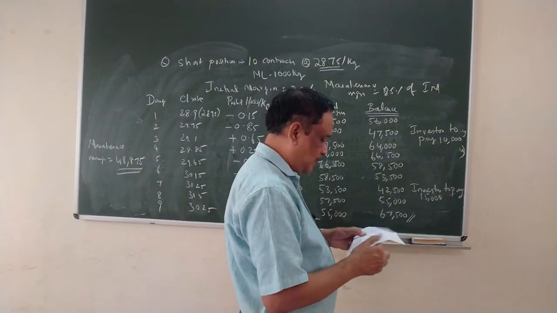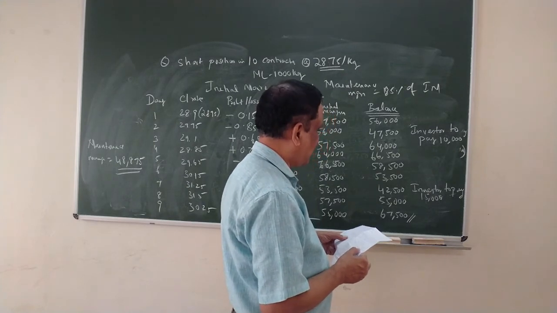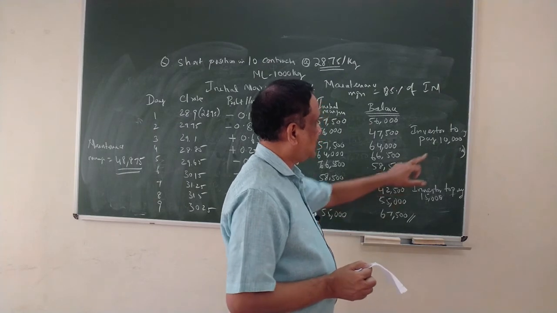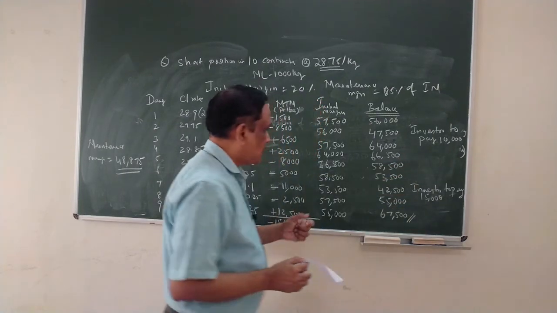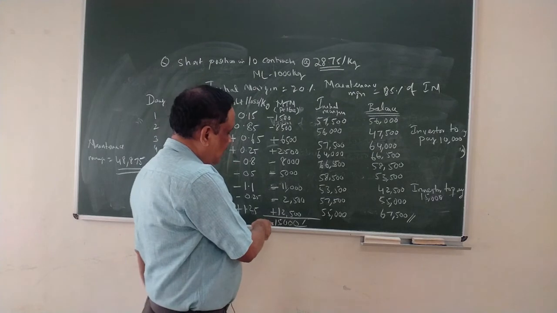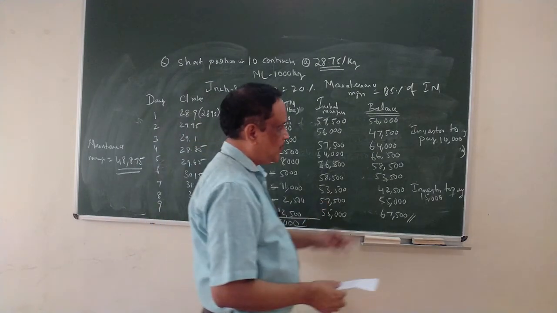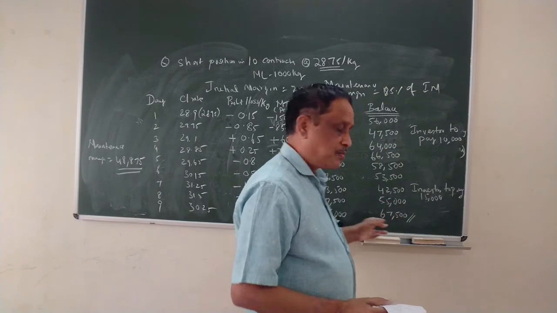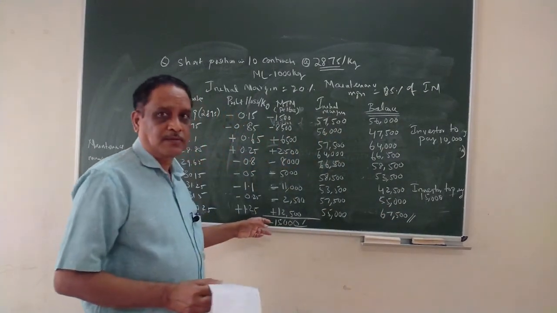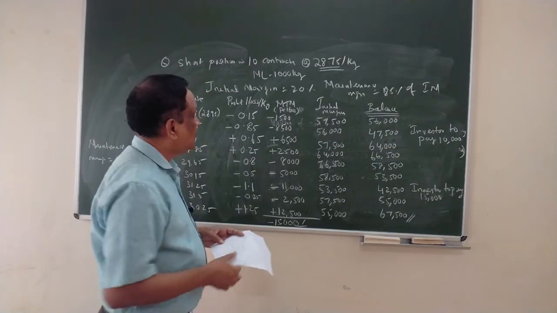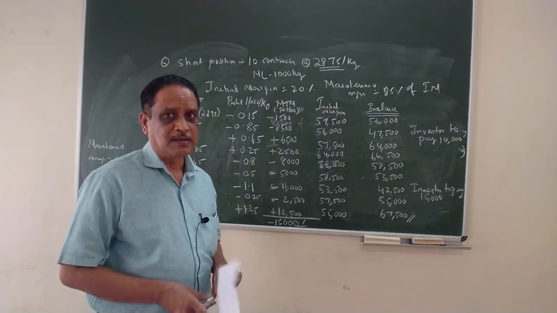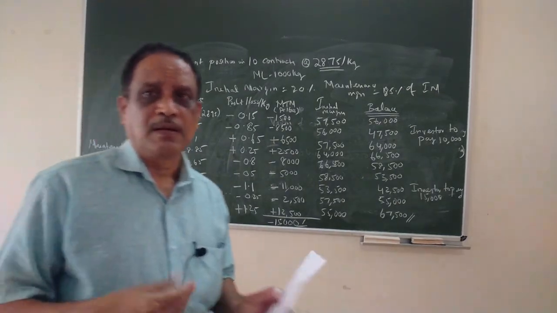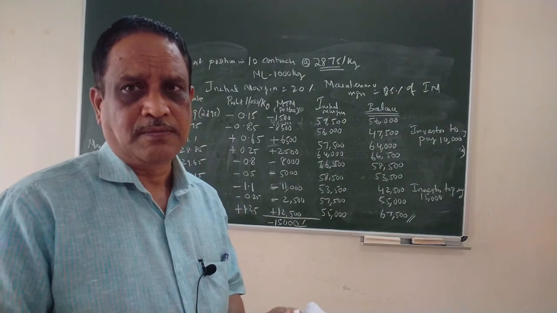Initially he invested 57,500. Now the available balance is 67,500, and he has paid 25,000 extra, but in his account from the beginning only 10,000 is extra now. But his loss is 15,000. So please understand, this is one of the important questions. This is from the earlier year question papers. Thank you.